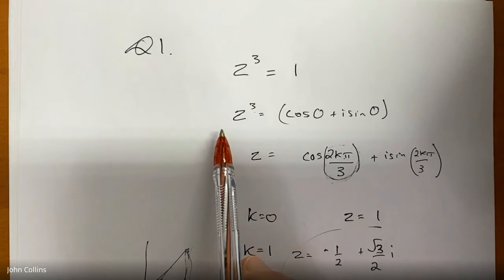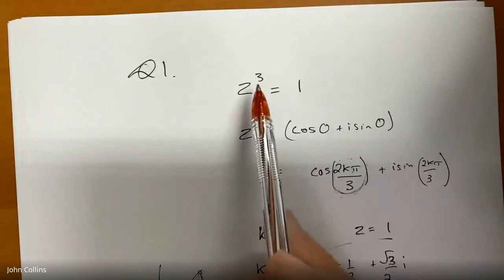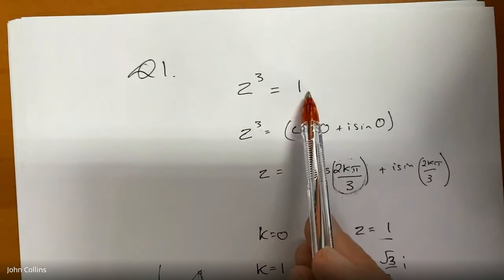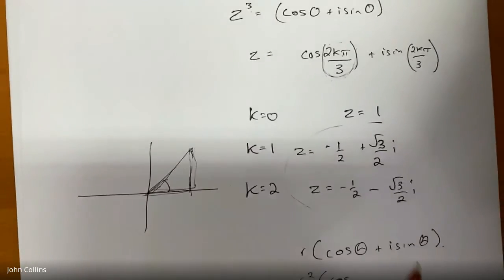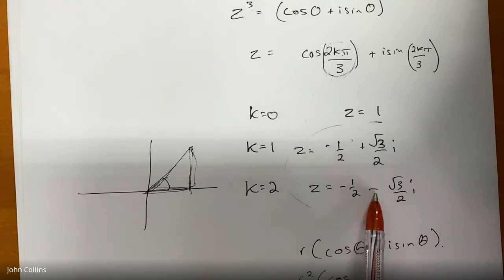If z cubed did have an imaginary component, then it wouldn't need to cancel the imaginary part, so they couldn't be conjugates, right? Yes, then you wouldn't need to cancel these out.